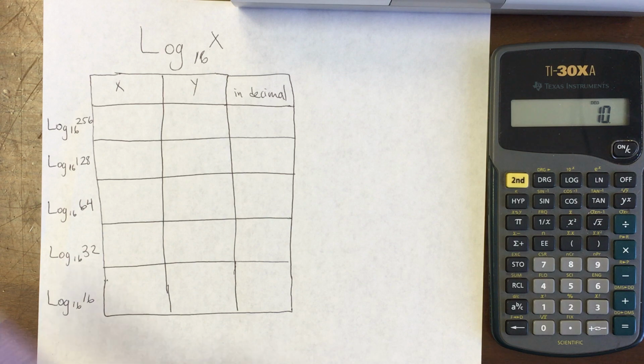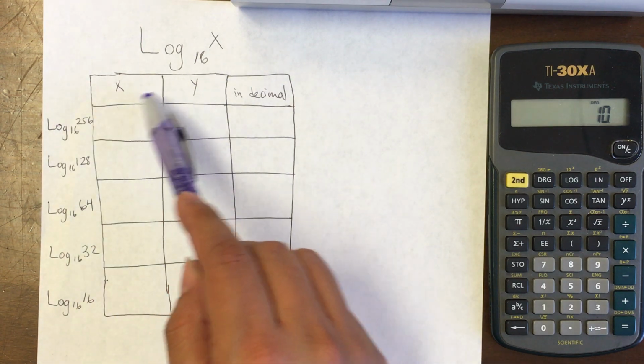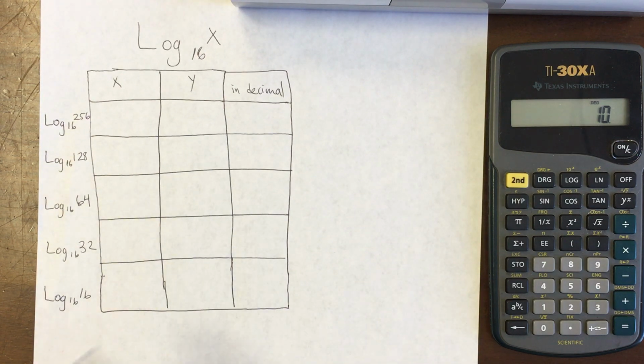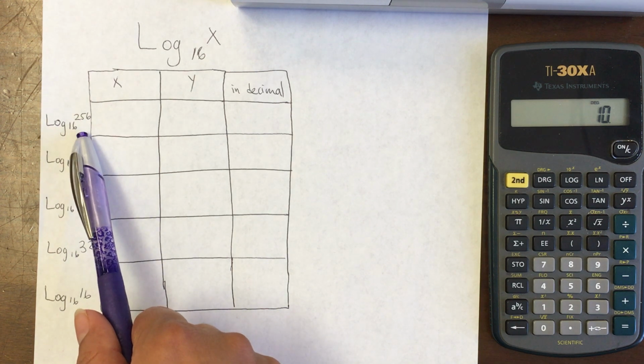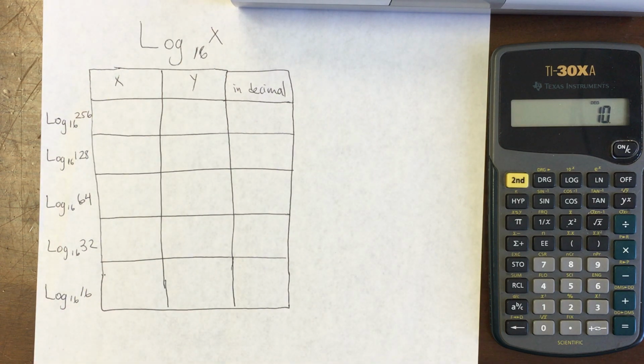So when we're trying to find the graph of a logarithm, remember that we have a table for x and y so that we can find points and be able to graph them on our coordinate plane. However, let's say that we have log base 16 of 256.